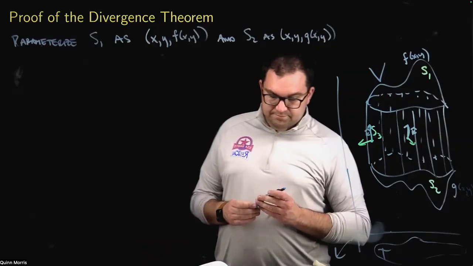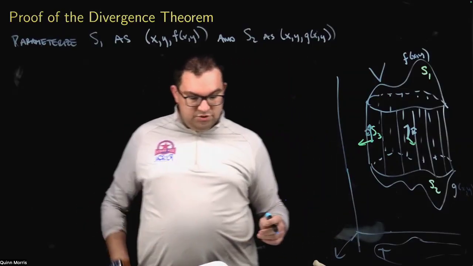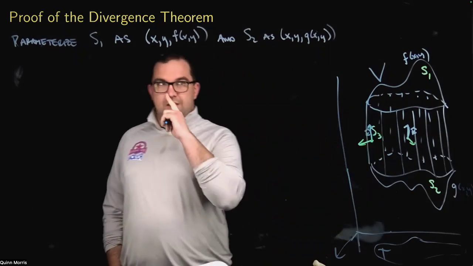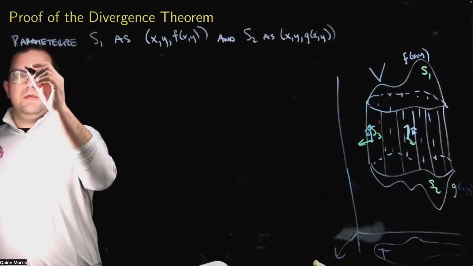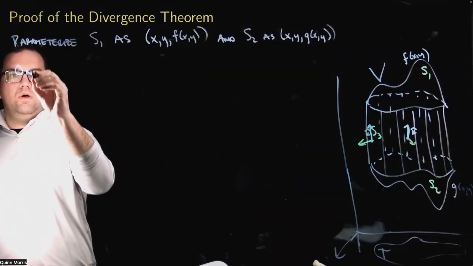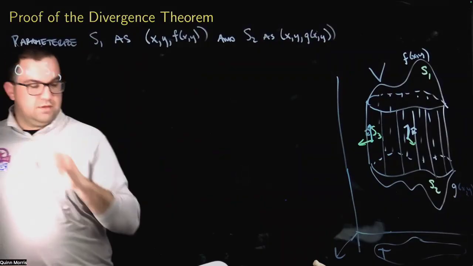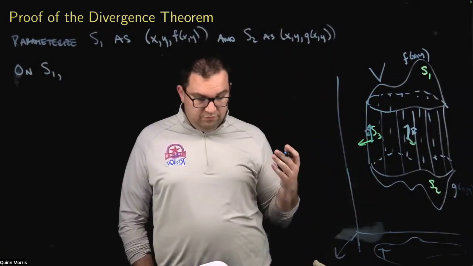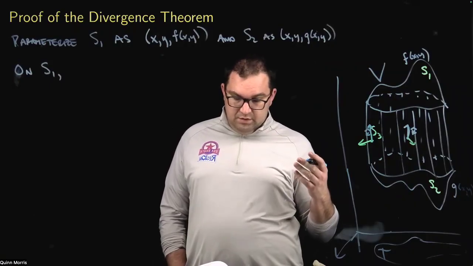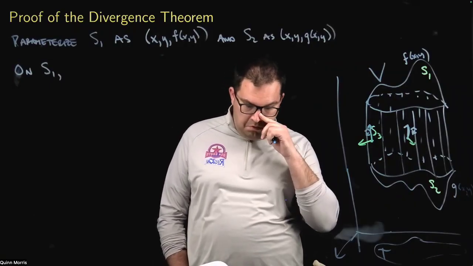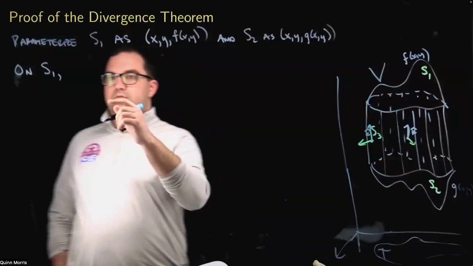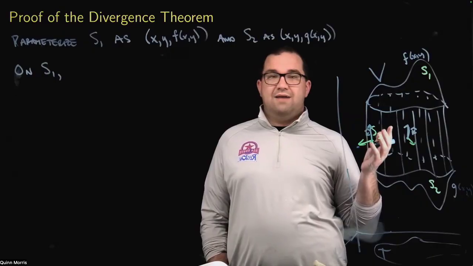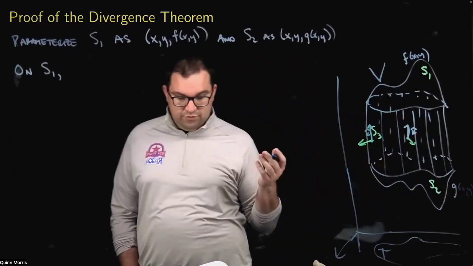So if we do that, then on S1, if we take the normal vector, we're going to do this piece by piece. We'll see a lot of this really ends up being the same. On S1, the normal vector will have the same direction, whatever it is, as the fundamental vector product.